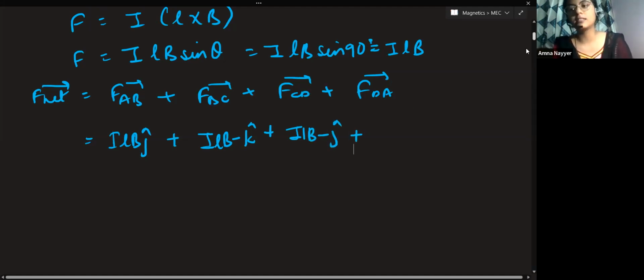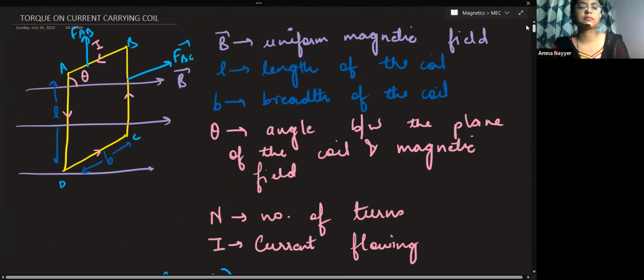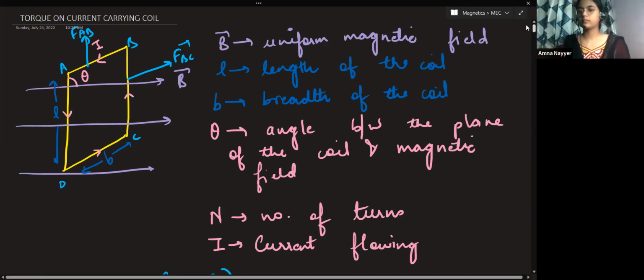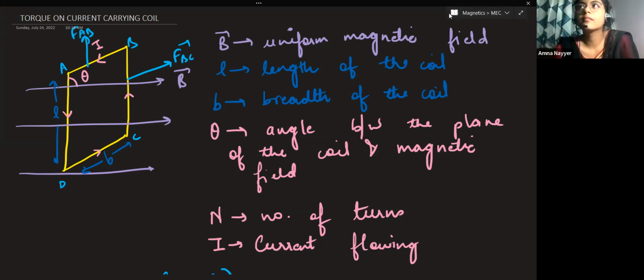Plus, last one class, try this, DA. If this is your coil, current is flowing like this. Right, Krishna.